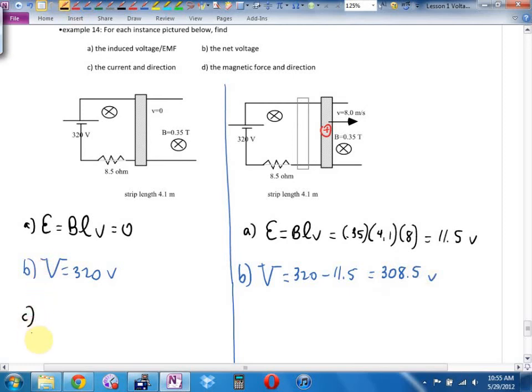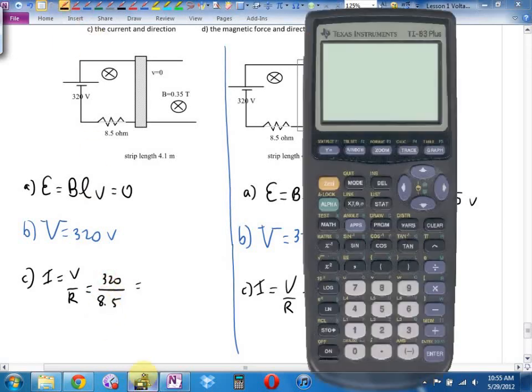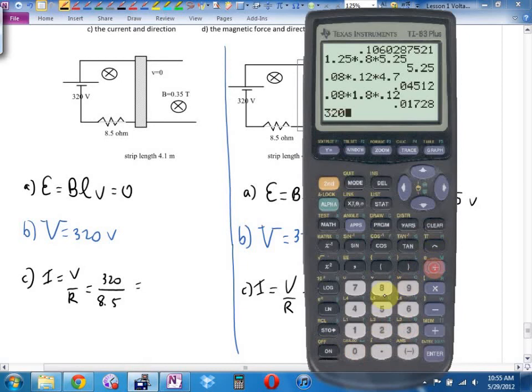C, current and direction. Well, current is V over R. What's the net voltage in this first situation? 320. Resistance, 8.5. 320 divided by 8.5.